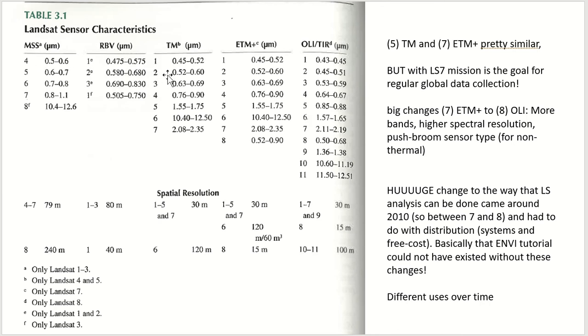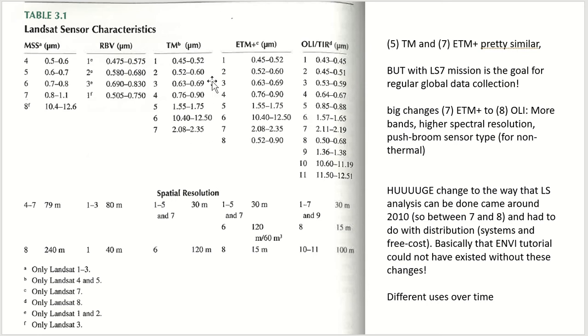So the narrower these wavebands, the more precisely you can constrain the energy there. The larger they are, the more potential for stark differences to be averaged out, so to speak.